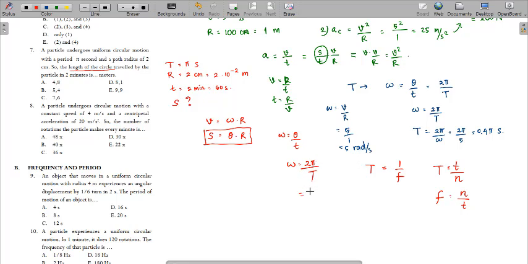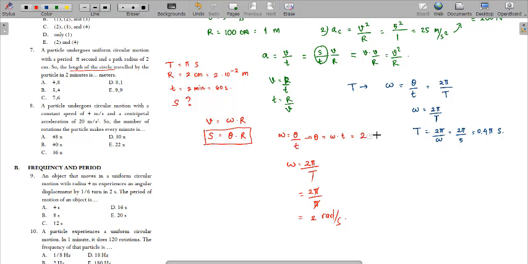So omega in here, you have 2π, you got the period now. So this is π divided, then you got 2 radian per second. Then you can find theta now. Theta is omega times t.